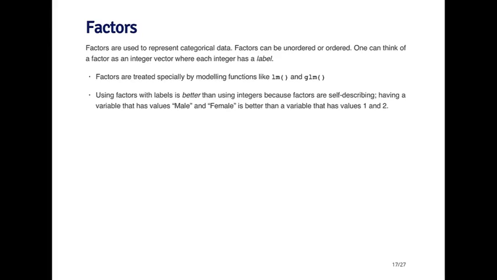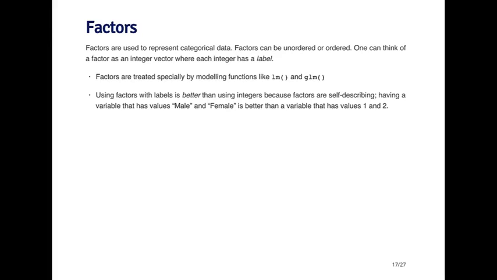Factors are important because they're treated specially by modeling functions like lm and glm, which we'll talk about later. These are functions for fitting linear models. And factors with labels, generally speaking, are better than simple integer vectors because factors are what are called self-describing. Having a variable that has values male and female is more descriptive than having a variable that just has 1s and 2s.